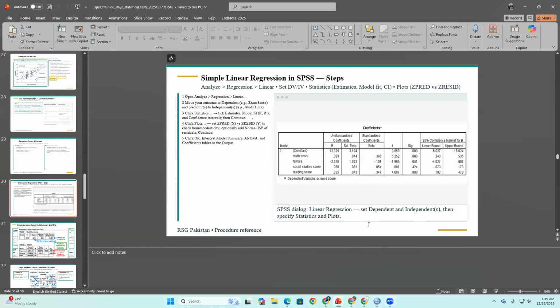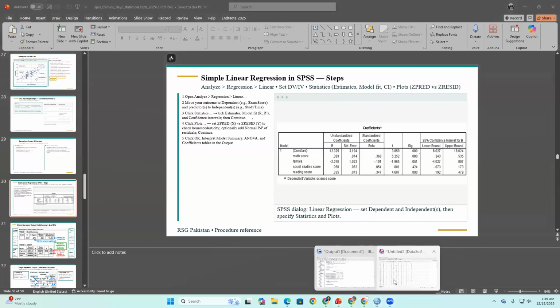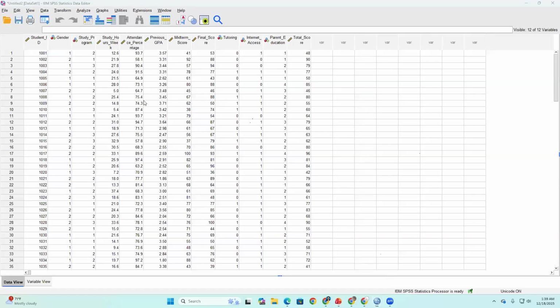Looking at the data, let me open the statistical data. If you see that, can you suggest some dependent variable and independent variable? Study hours are dependent.